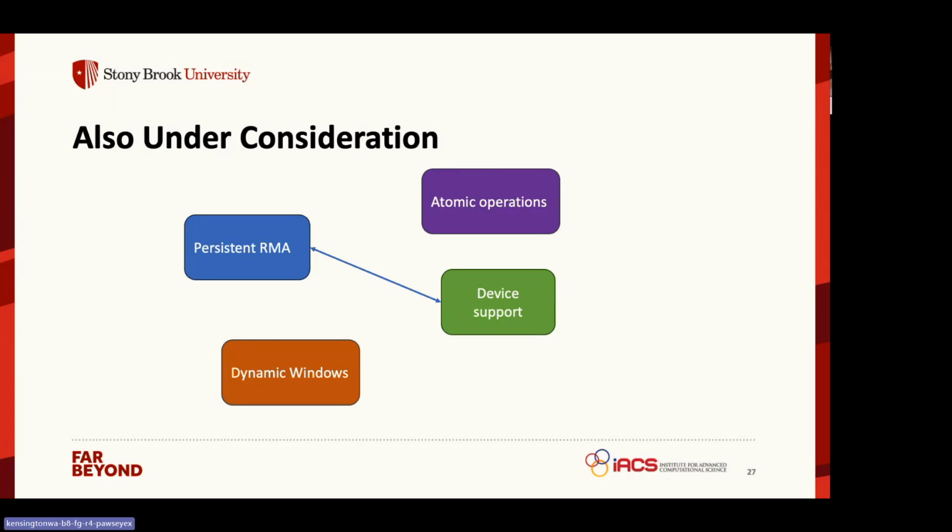But that's not how NICs work, right? It was an interesting idea to do that, but it doesn't work in practice. Very slow because you're not using RDMA anymore. So how can we redesign this to allow for RDMA on a more dynamic window model?